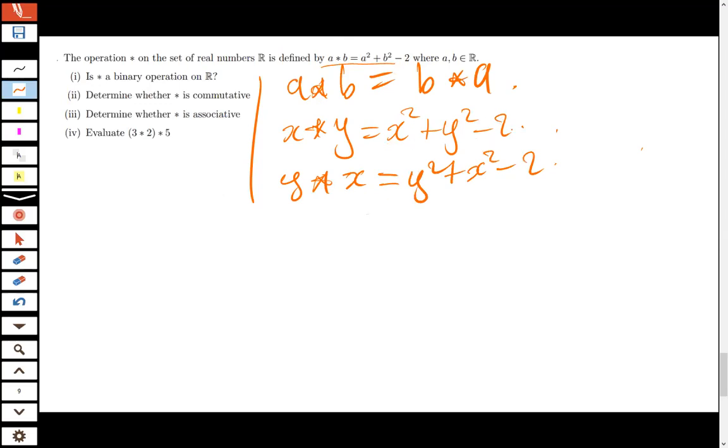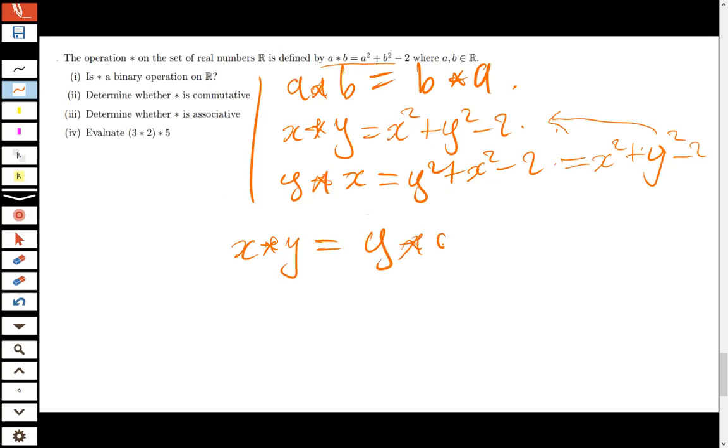So X star Y is giving us this, Y star X is giving us that. But this one you can also rearrange. You can write it as X squared plus Y squared minus 2, which implies that this is equal to this expression. Hence, X star Y is equal to Y star X, which implies that the expression is commutative, or it obeys the commutative law.